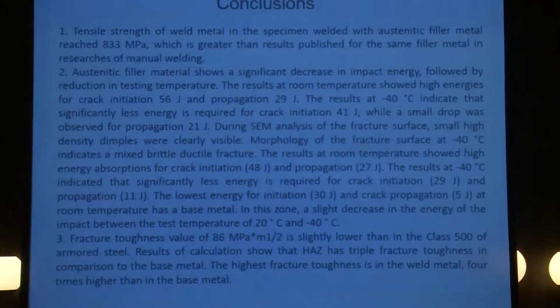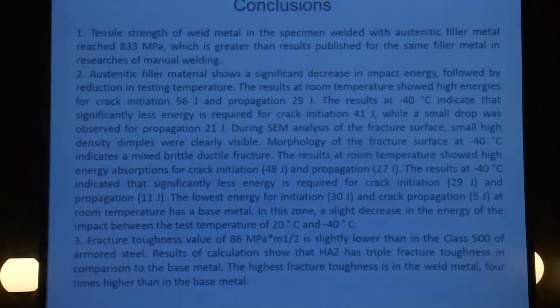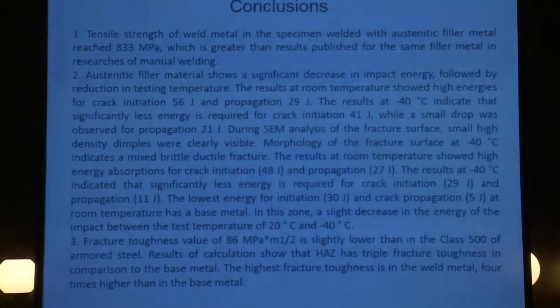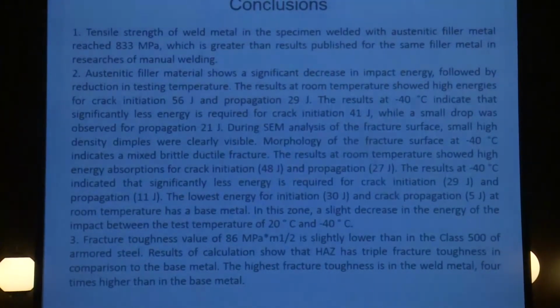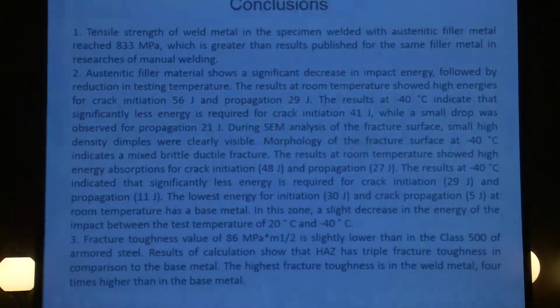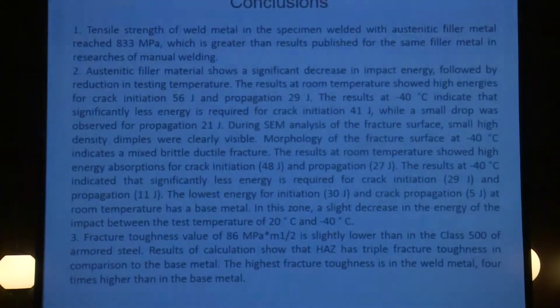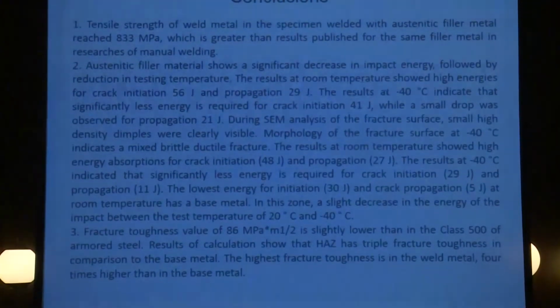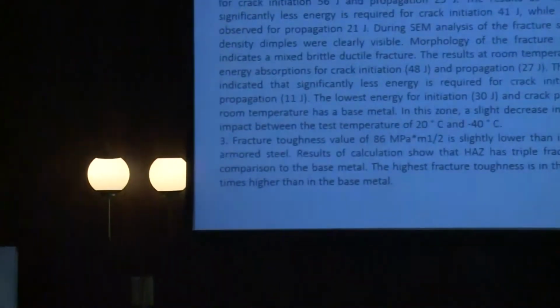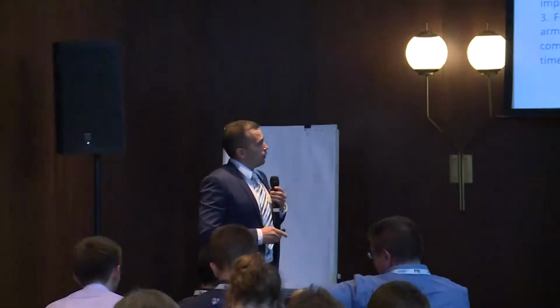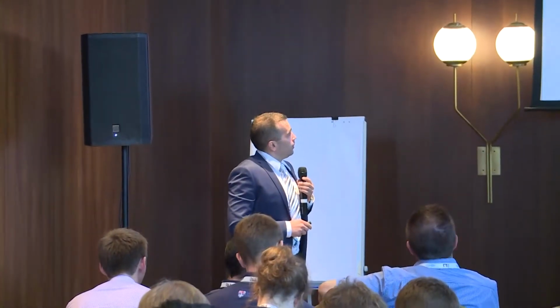For impact energy, the base metal has a small drop in energy across the investigated temperatures. In the heat affected zone, we have a significant drop in crack initiation and crack propagation energy between 20 and minus 40 degrees.